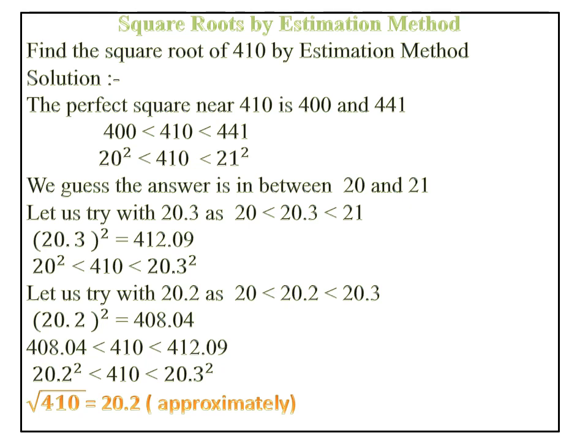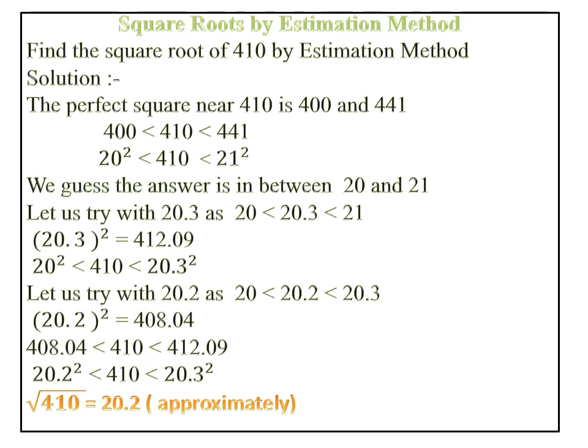So it comes near to 410. That means we can rewrite it as 20 square less than 410 less than 20.3 whole square. Means the square root of 410 lies between 20 and 20.3.